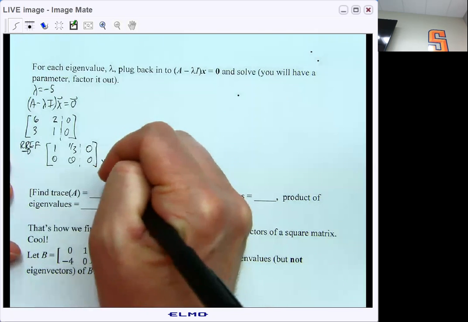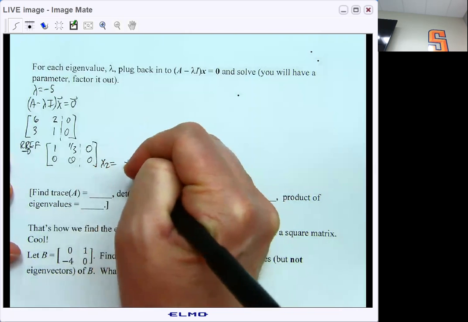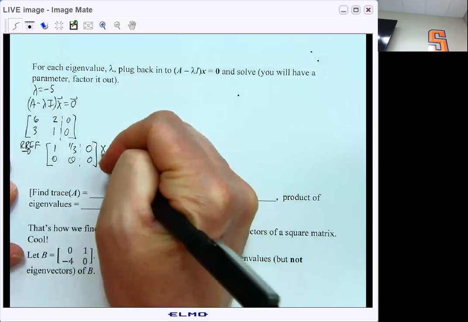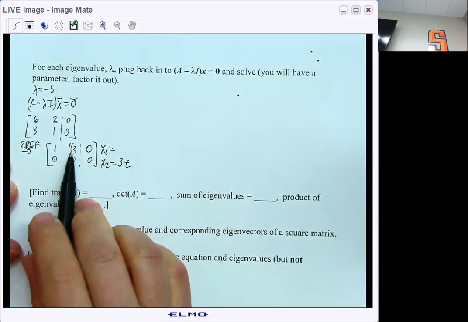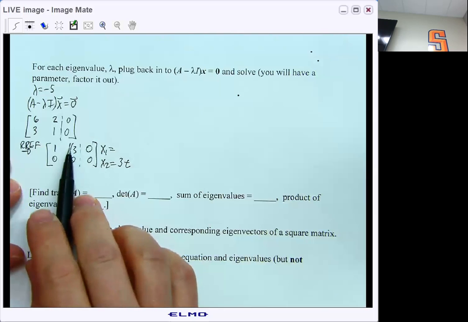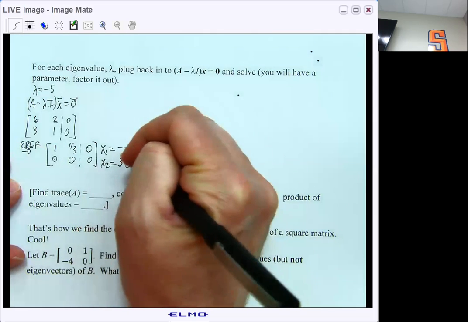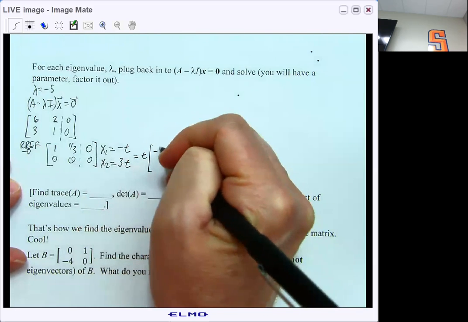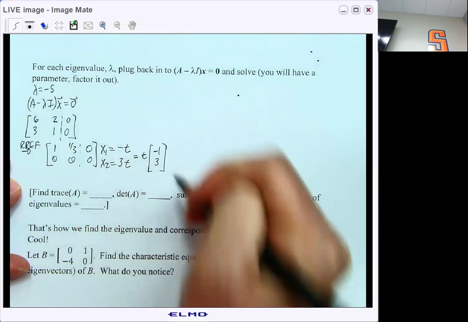So x2 I could call t, but I'm actually going to be tricky and call it 3t, because then instead of 1/3 of a t, it'll be negative 1/3 of 3t, which is simply a negative t, which I could write as t times the vector negative 1, 3.